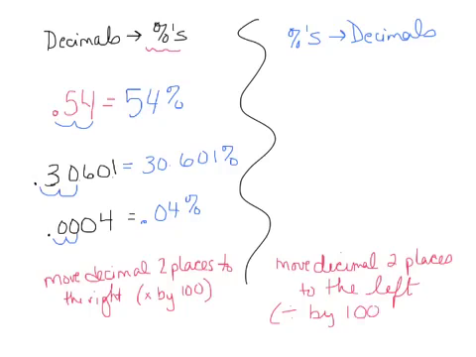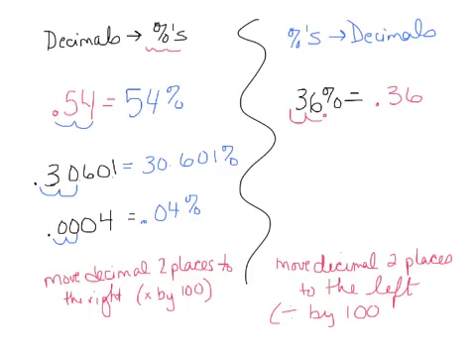If I begin to look at some examples, say I had 36%, I would take the decimal as being here, and I would go 2 places to the left, which would be 0.36.